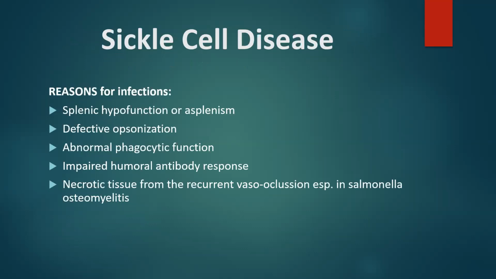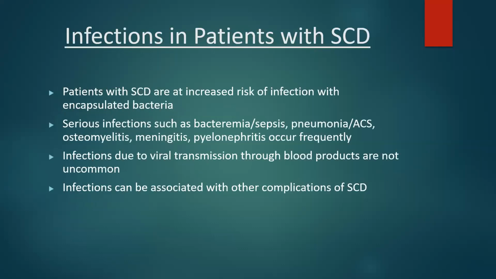Patients are prone to infections because most of them, at an early stage of the condition, may end up having autosplenectomy or a dysfunctional spleen, defective opsonization, abnormal phagocytic function, and other reasons, such as impaired humoral antibody response.